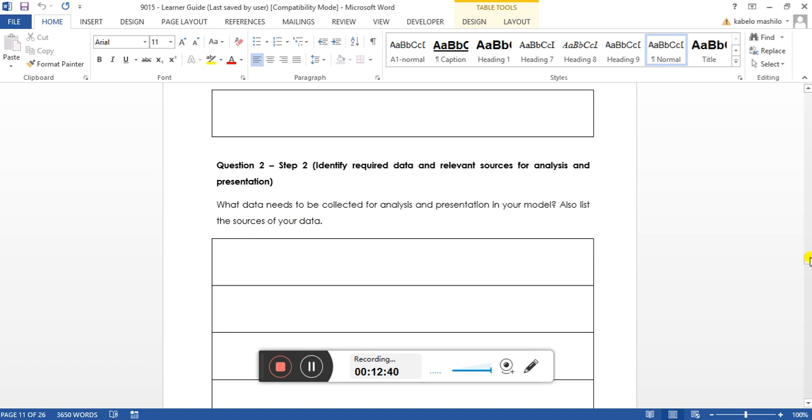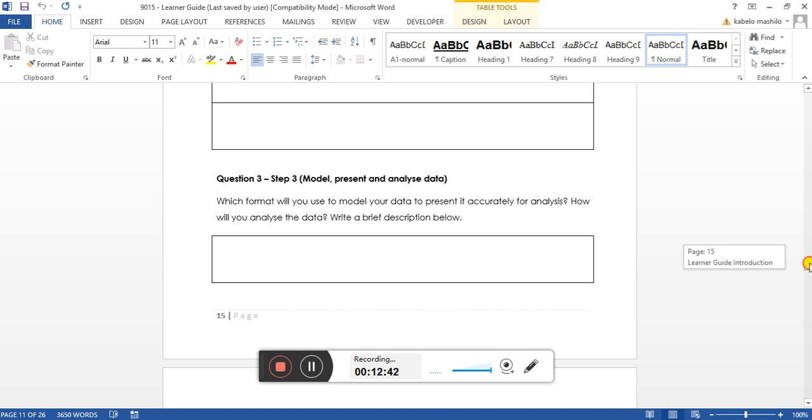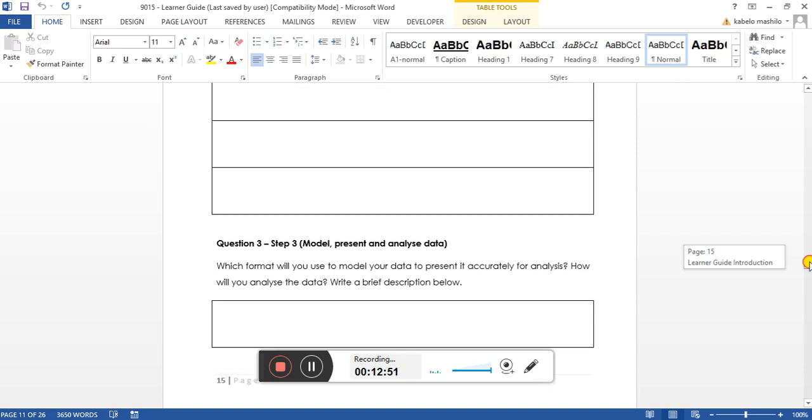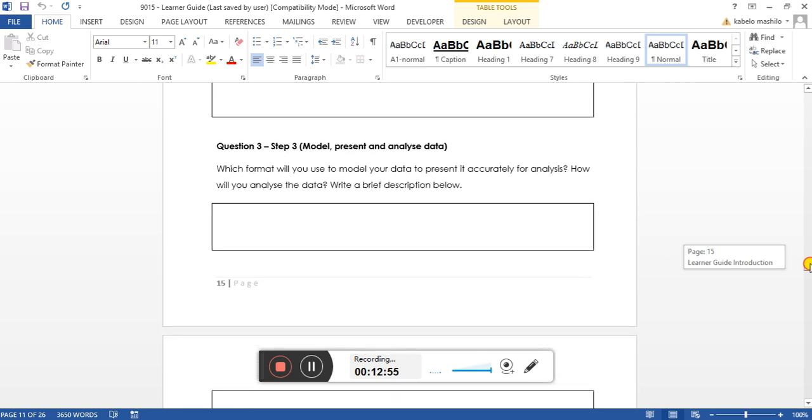And question 3, model, present and analyze data. Which format will you use to model the data to present it accurately for analysis? Maybe say I'll use a bar graph or a line graph or a pie chart. So that's where I will present my data.